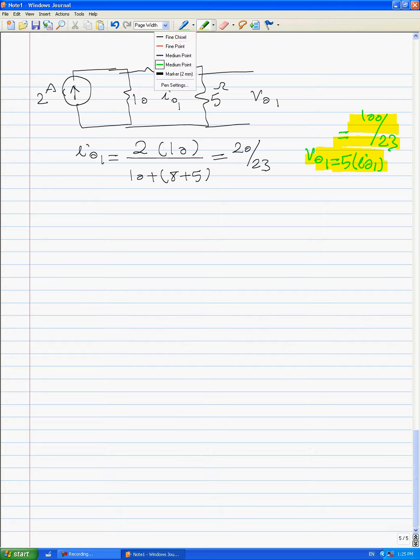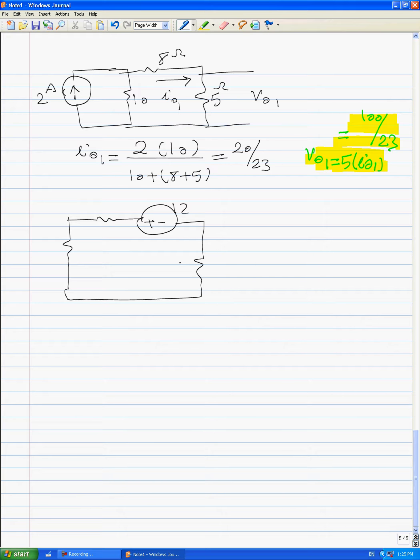Okay, for part 2, we have a circuit like this. We have 12 volts here, and we have 5 ohms here, 8 ohms here, 10 ohms here. We want to find V out 2 here.